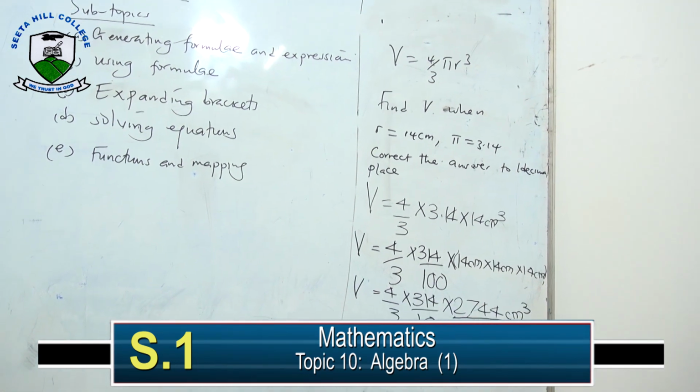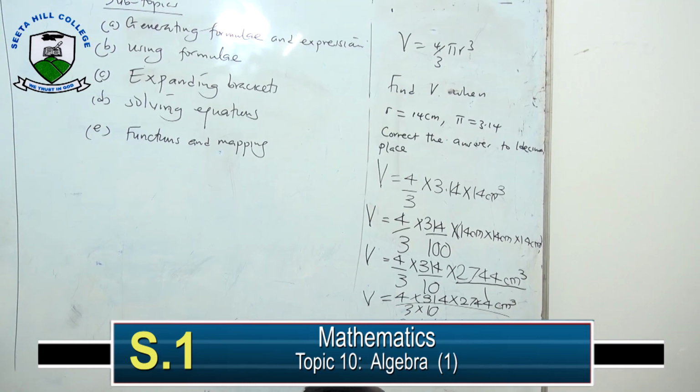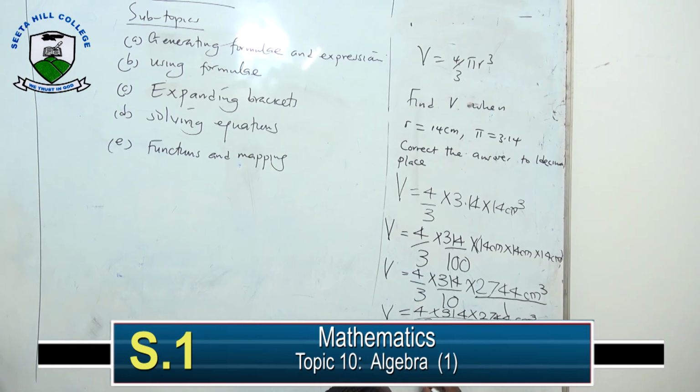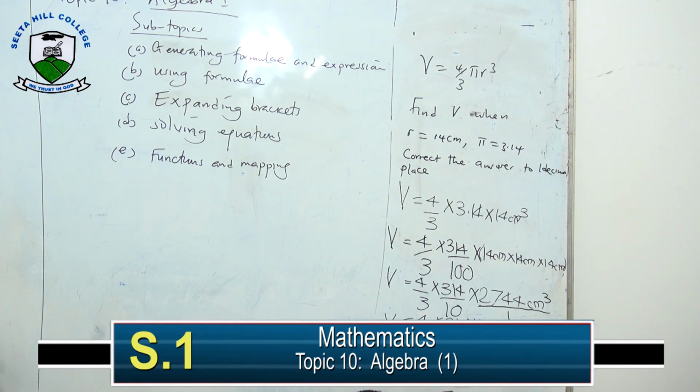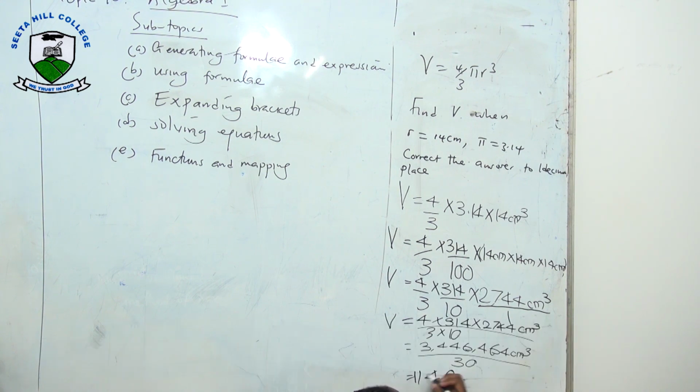You'll get 11,488.21333 centimeters cubed.